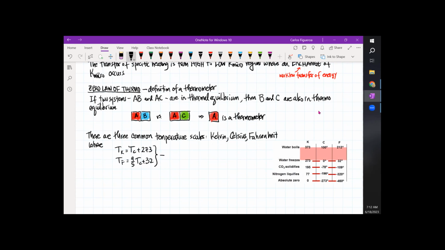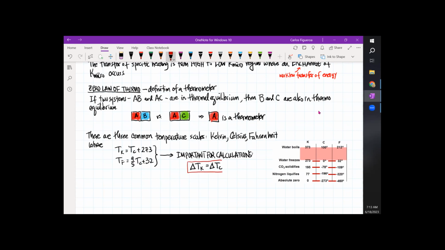But the key thing that I want you to realize, and this is important for calculations, is that the change in Kelvin is the same as the temperature change in Celsius.